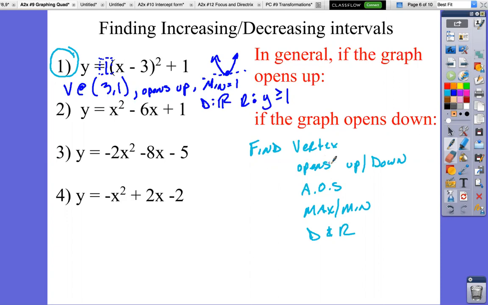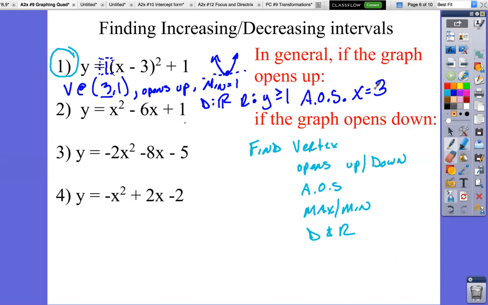Okay? And the last one, your axis of symmetry, is the line x equals what? It's just 3. All right. So that's the first one.